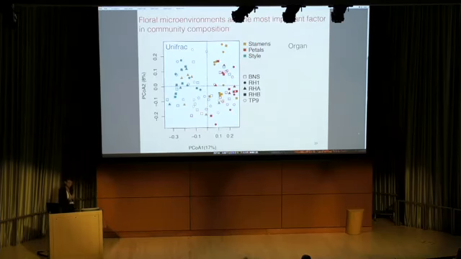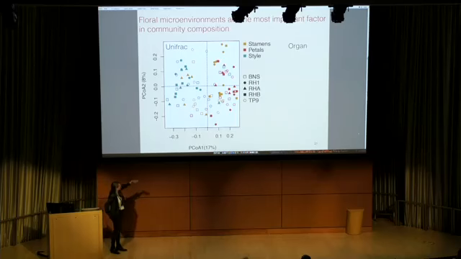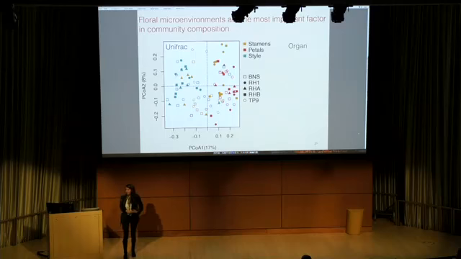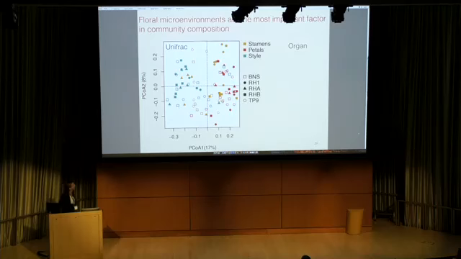And so what do we see? We do see an effect of organ. And if you have done microbiome work, you'll see that the variation explained is not terribly bad. But you'll also see that there's still a lot that we don't know that's shaping these communities. But organ is the one that explains the most variation of the things we actually measure or control.